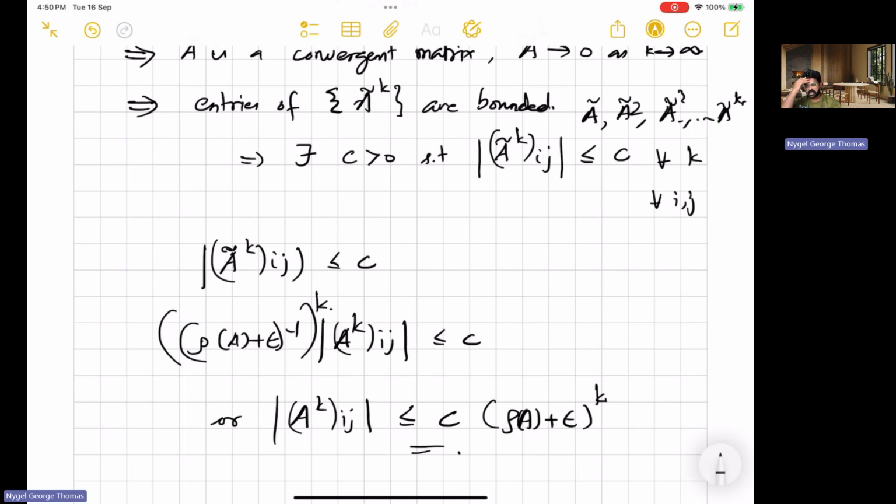This is not a determinant, this is the modulus of the ijth entry of A^k, so we don't get confused.